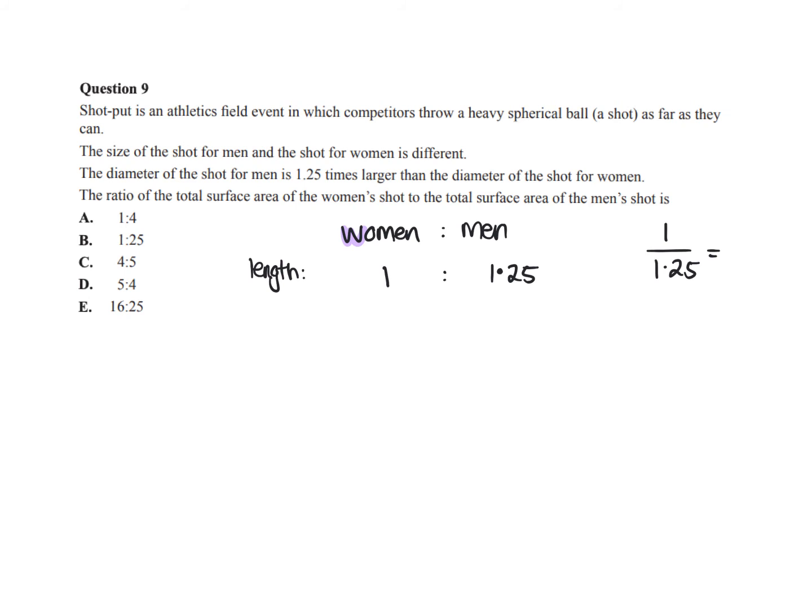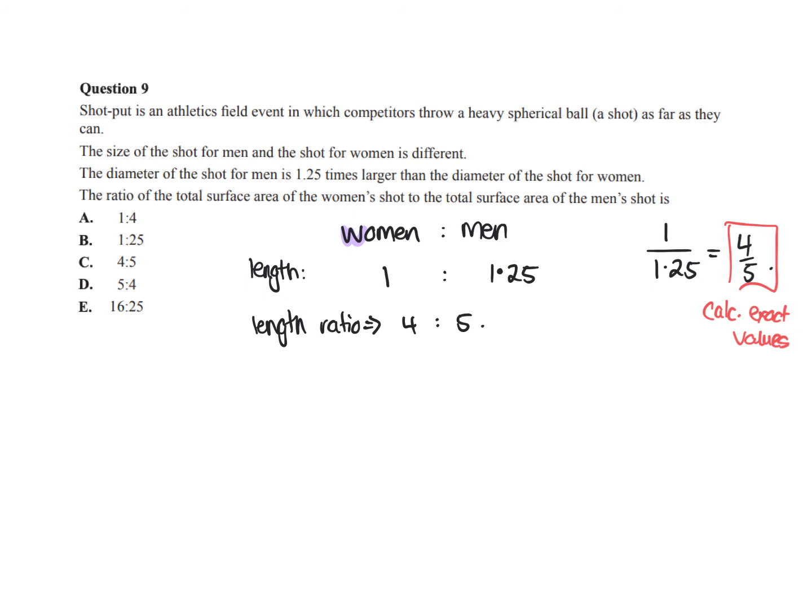So when you do that, you get 4 on 5. So really we could say the length ratio, because we don't really put decimals in a length ratio, is 4 to 5. Okay, so you'll get this when your calc is on exact values.